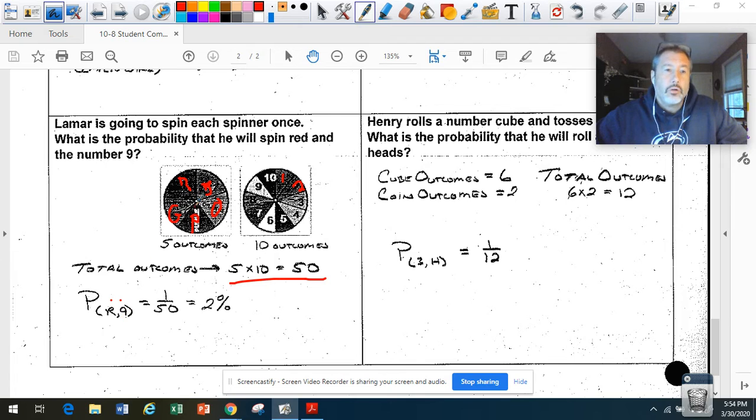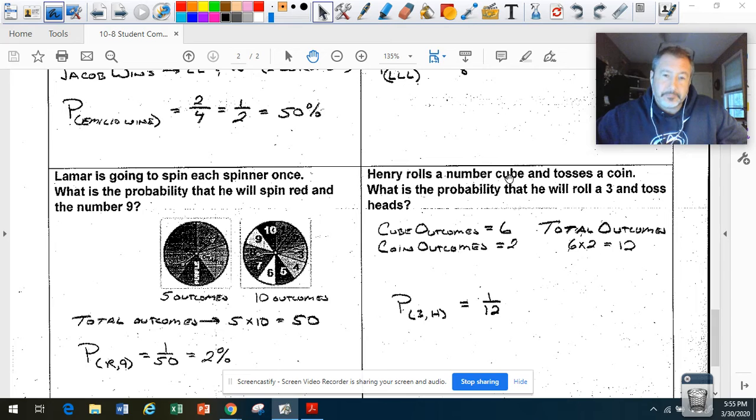There's only 1 red here and 1 number 9. So red and 9 is only 1 chance. So it's 1 over 50, which is equal to 0.02, which is the same as 2%. Okay, let's go on to the next one here.